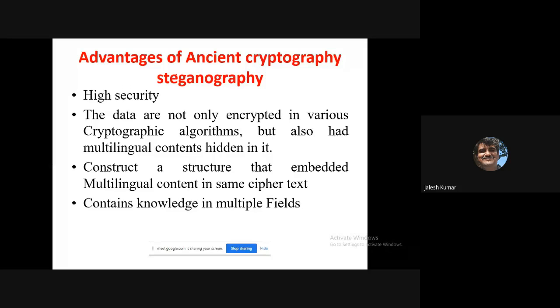That is what we are observing here, and it contains knowledge in multiple fields. Many things are covered here: whether it's science or mathematics, art, music, everything is combined here. And depending on that particular context, the information is generated. That's why that is also a challenge.